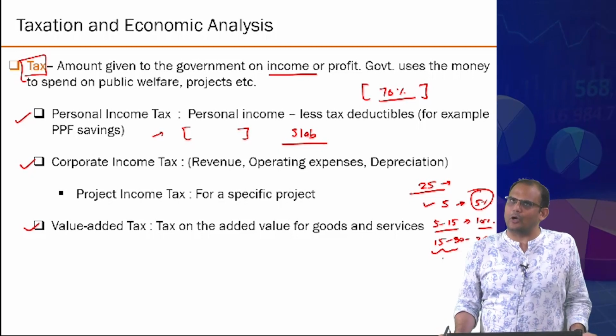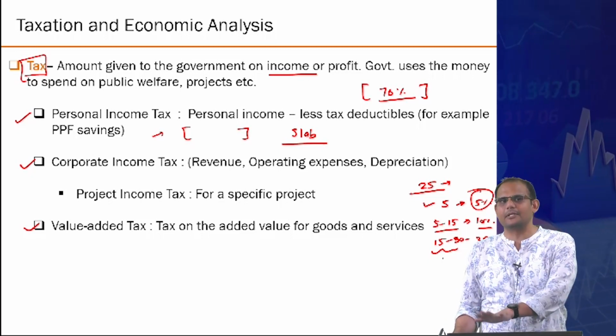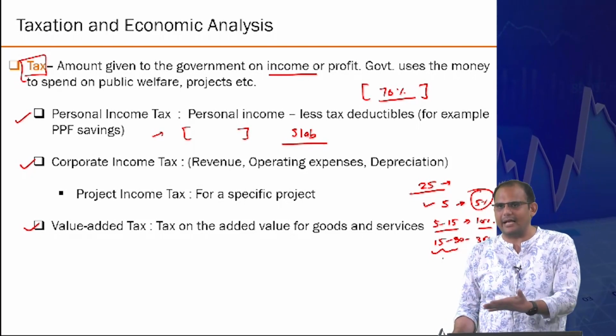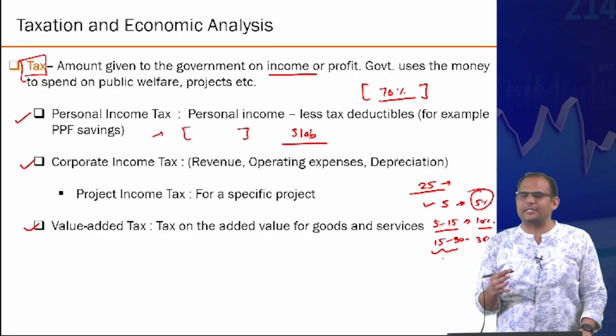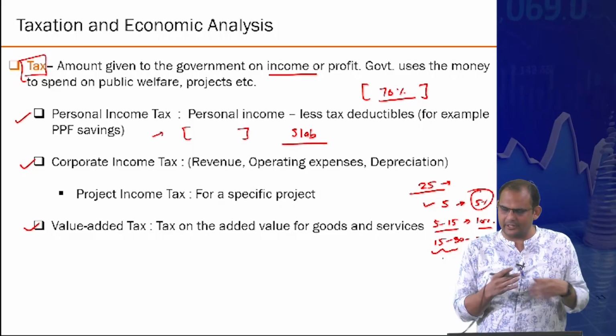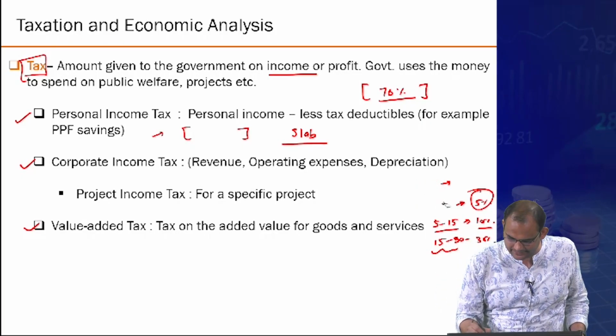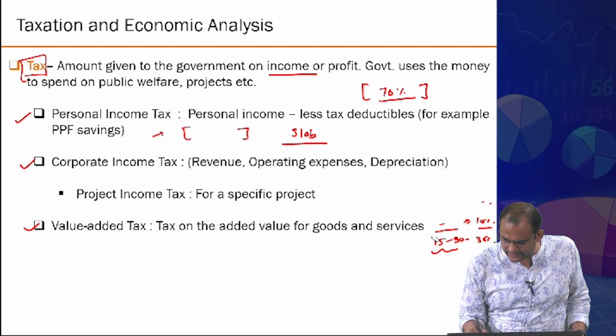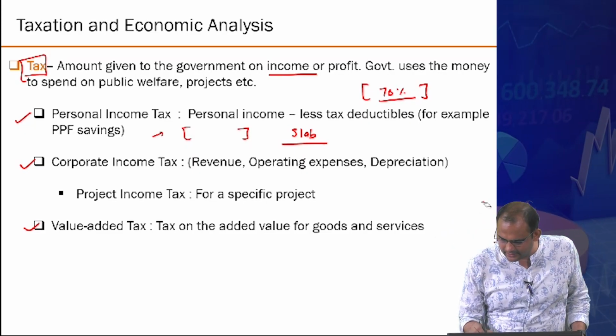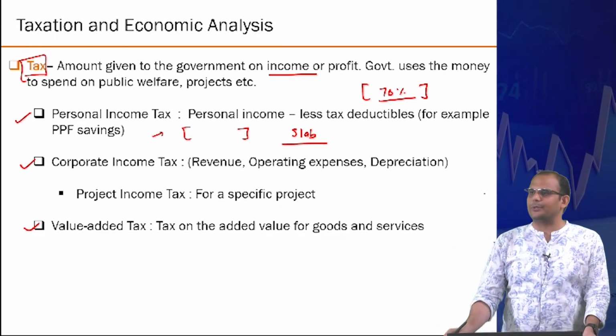Even in corporate income taxes, sometimes companies have this kind of a tax slab system, but sometimes corporates are also taxed on a uniform rate. So corporate taxes are slightly different than personal income tax rates. And of course, now in India, there are 2 regimes. There's something called old tax regime and a new tax regime.